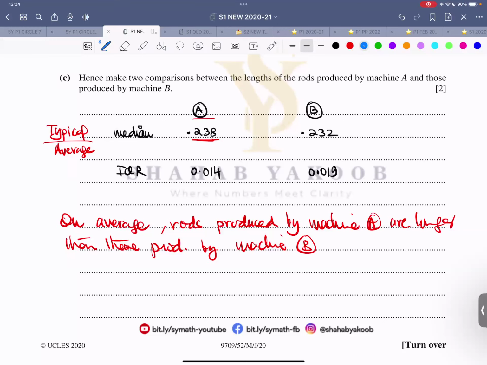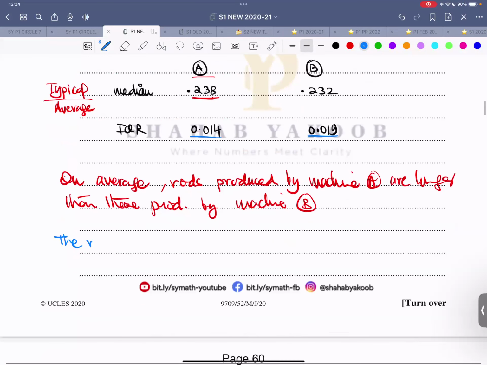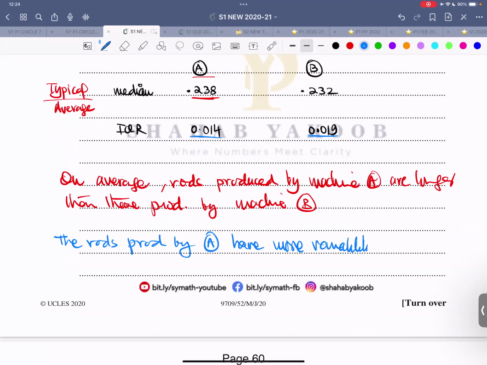Over here, the interquartile range of machine B is greater. So the rods produced by machine A have more variability or dispersion as compared to rods by machine.